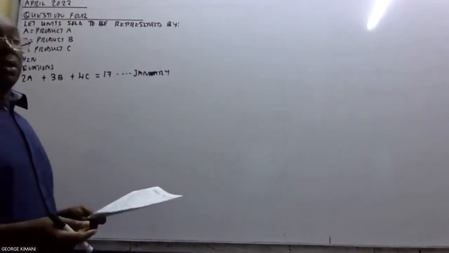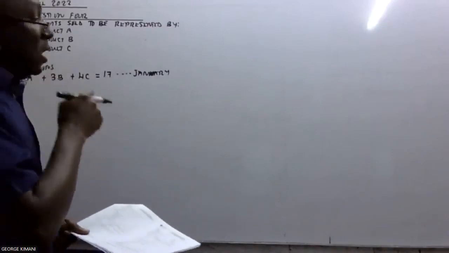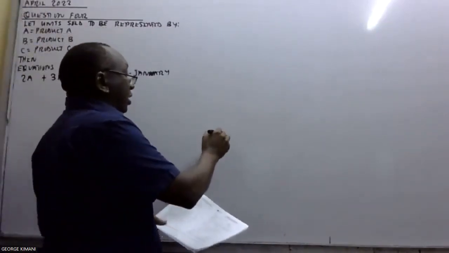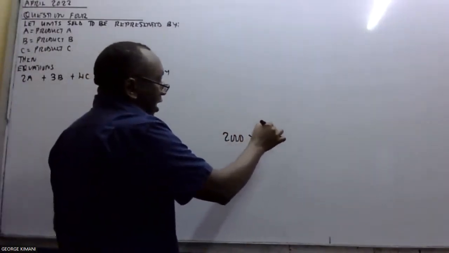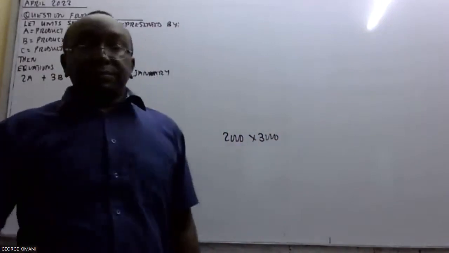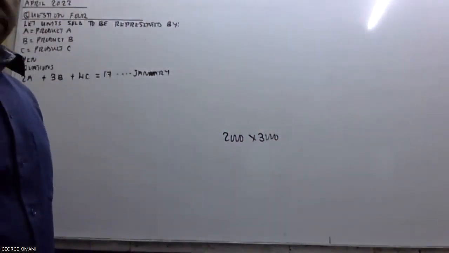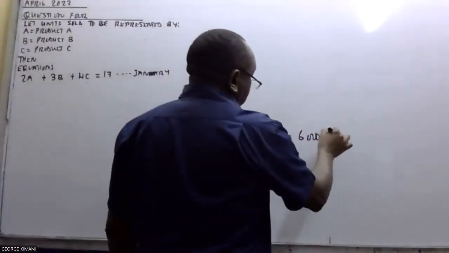So if you divide the million by 1,000, it remains 1,000. For example, if it is 2,000 times 3,000, what is the answer? 6 million. So this one, I will write it as 6 million.